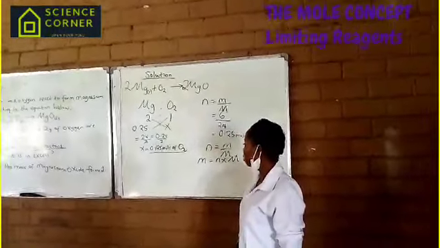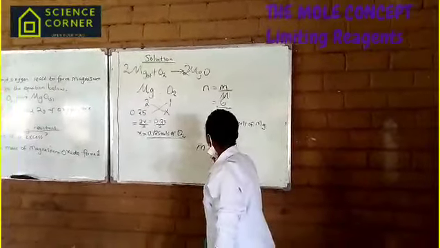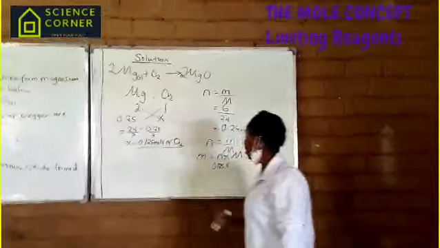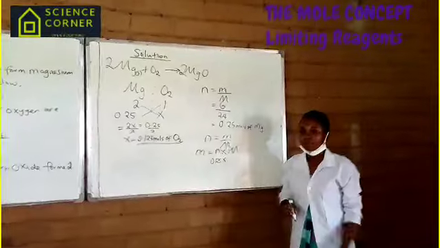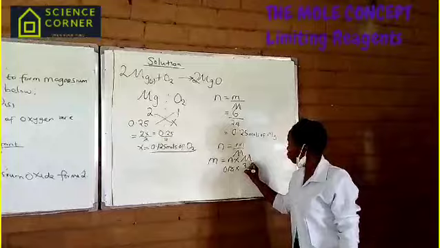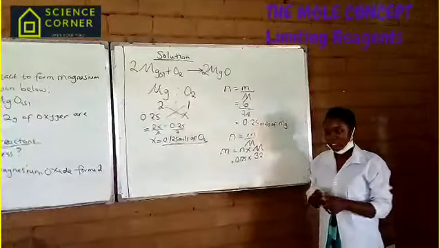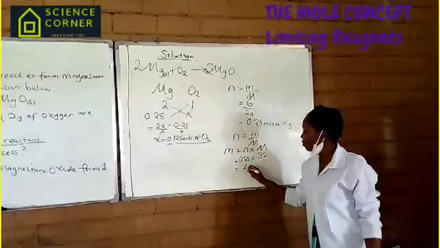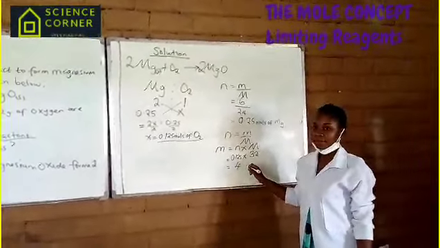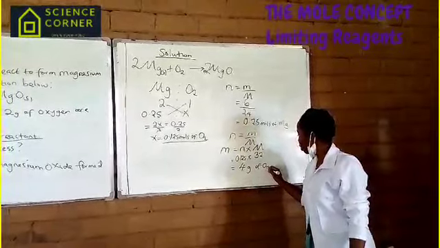What are the number of moles? 0.125. And the molar mass for oxygen? 32. When you do your calculation, 0.125 multiplied by 32, what's the answer? It is 4. 4 what? 4 grams of oxygen.